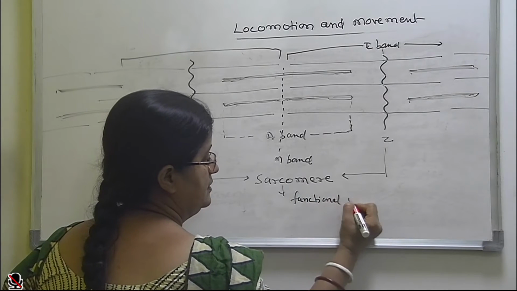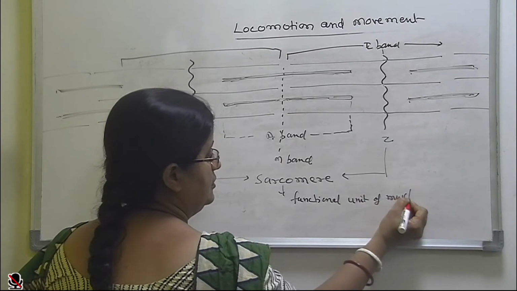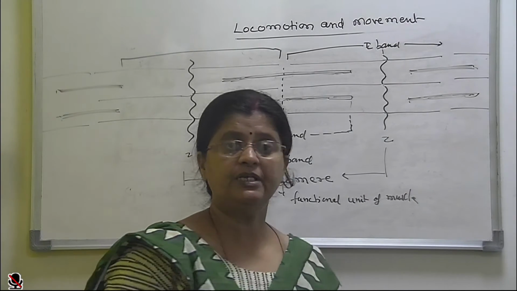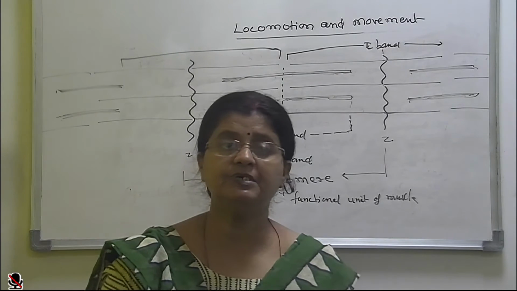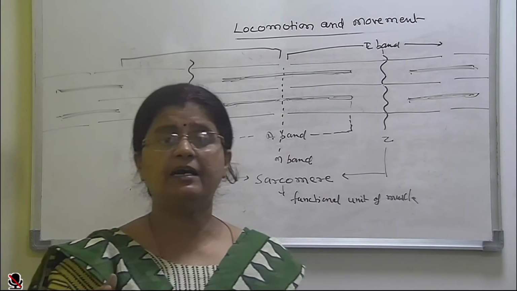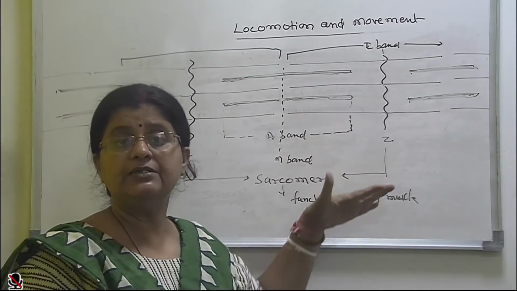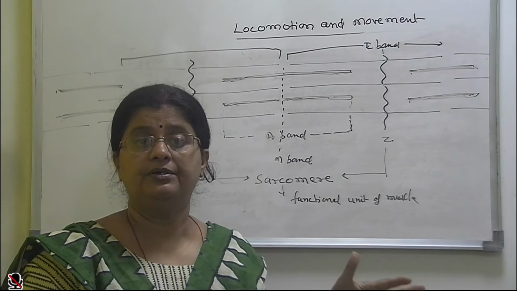So the sarcomere is the functional unit of muscles, right? Now the A and I bands are arranged alternately throughout the length of the myofilament, right?